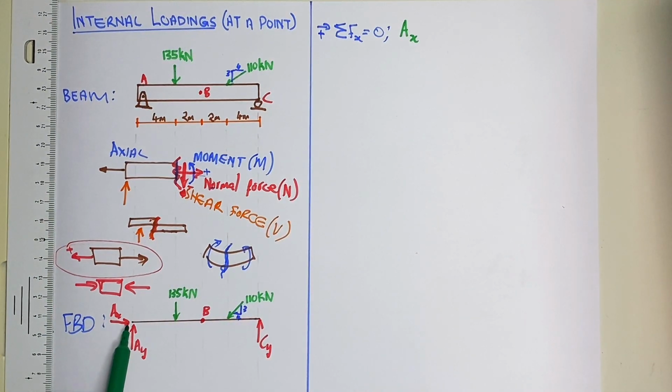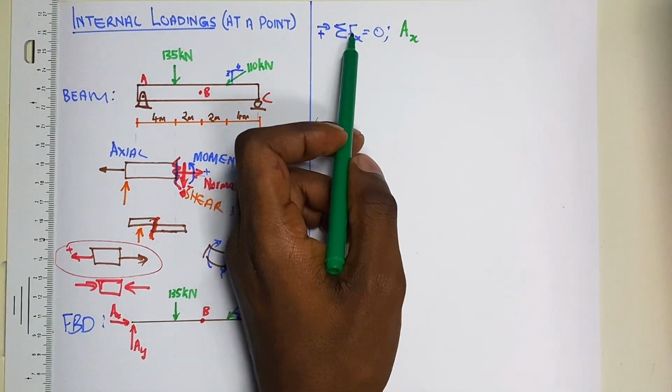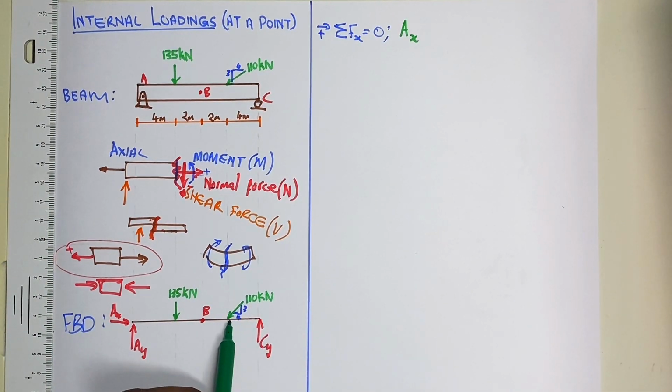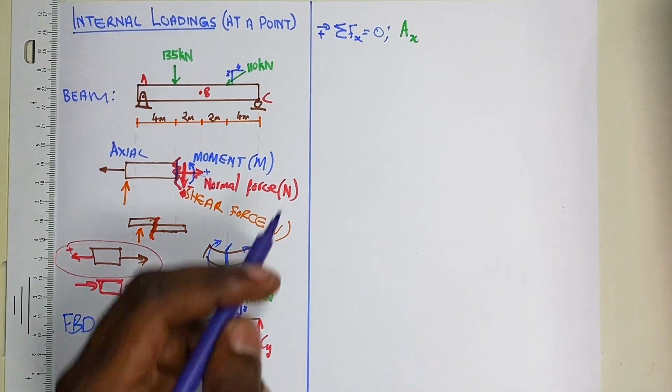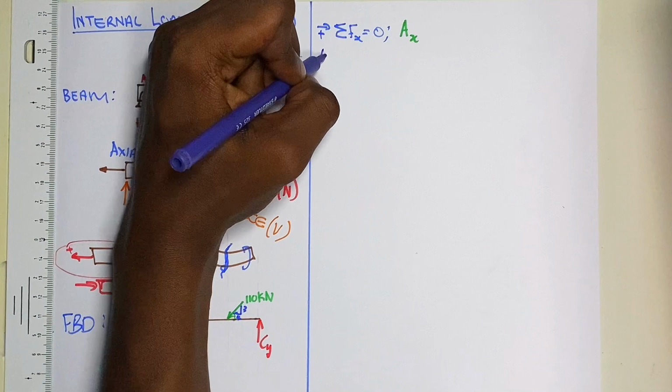Now I have my AX, which is acting in the x-axis, and the other force acting in the x-plane will be the x component of our 110 kilonewton force. How do we find that? A lot of people just put 4 out of 5 multiplied by 110, but I prefer to compute the angle first and then use that in my calculation. I have the opposite side and the adjacent side, so I will use tangent.